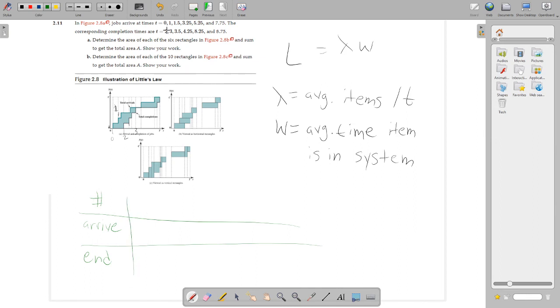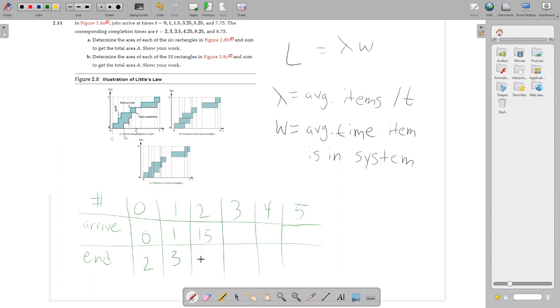We'll say the first one is job 0, and then job 1, job 2, job 3, job 4, and job 5. The first one arrives at 0, it finishes at 2. Second one arrives at 1, ends at 3.